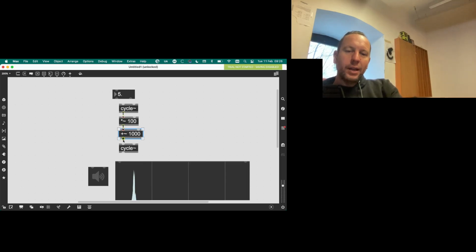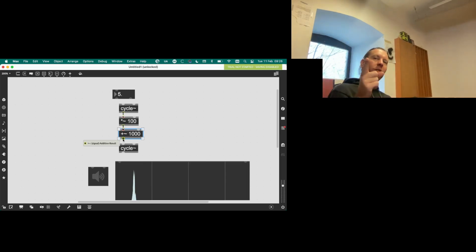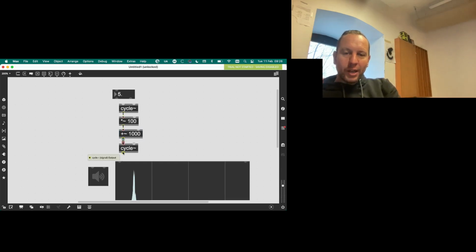Okay, so then at this stage, the signal will go between 900 and 1,100. Perfect. At that stage, I can actually observe what happens.